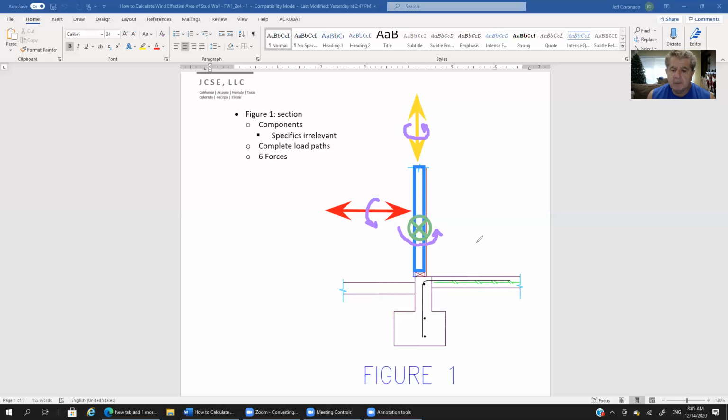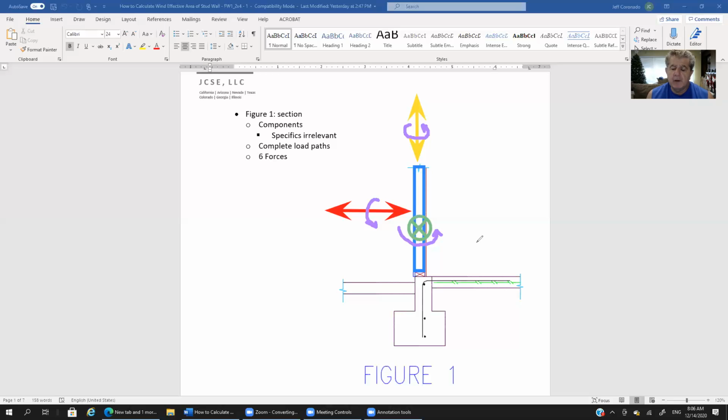Is there an M sub x, M sub y, and M sub z? No, no moments on this stud. So no moments acting on the stud. So we don't have M sub x, M sub y, M sub z.